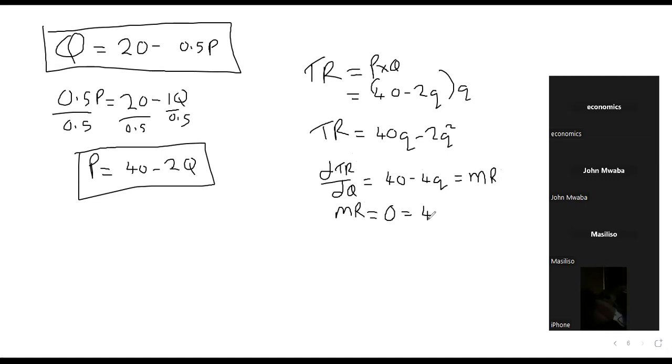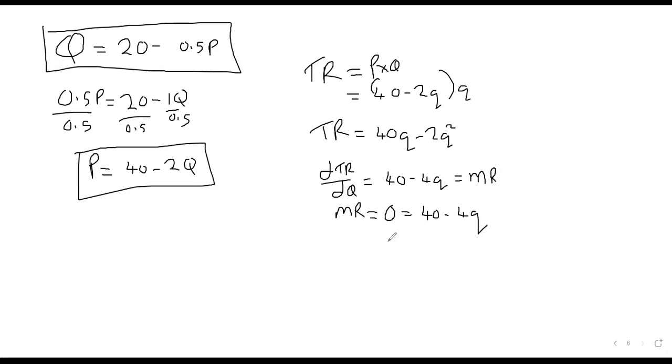So 40 minus 4Q equals 0. We make Q the subject. So when Q is made the subject, we're going to now solve for Q. So divide both sides by 4. So meaning our Q, therefore, if you solve it, will be what? 10.